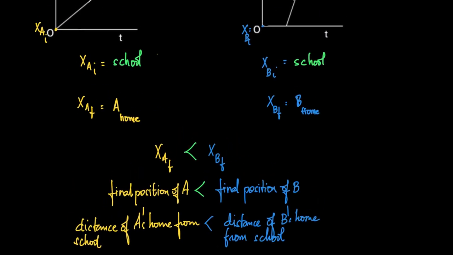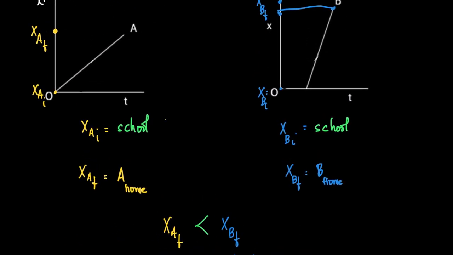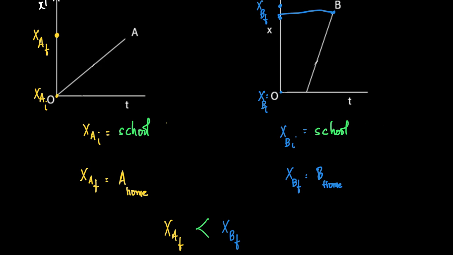From the graph, it is clear that xaf, this distance, is less than xbf. Now this is where you will have to draw this on your notebook to get better understanding, because I'm drawing it separately.